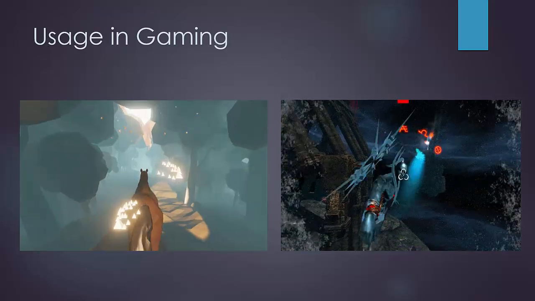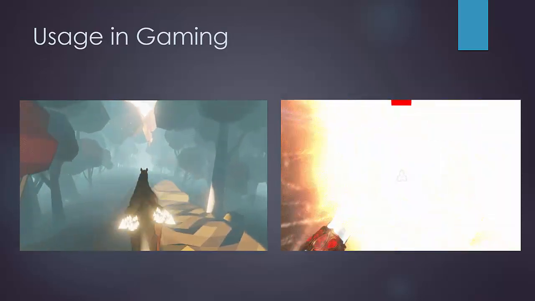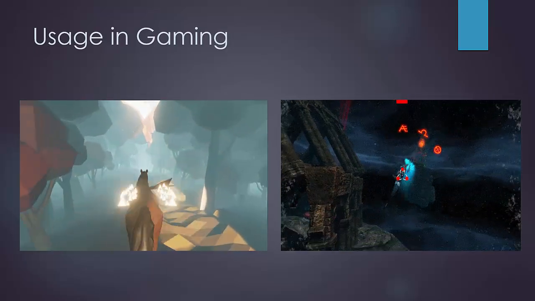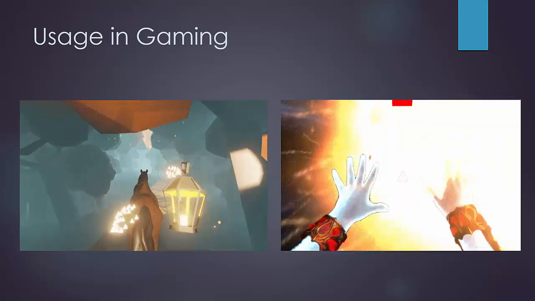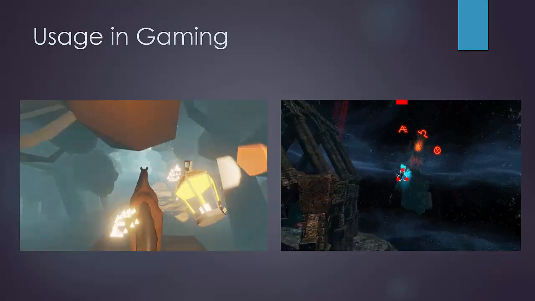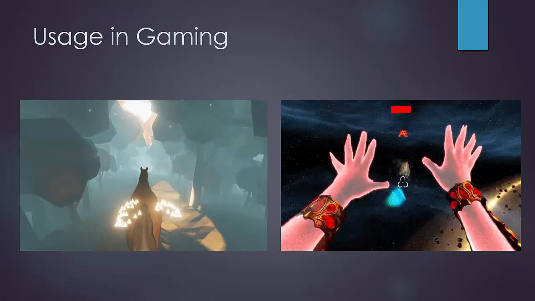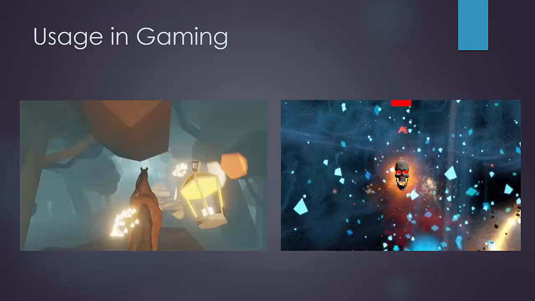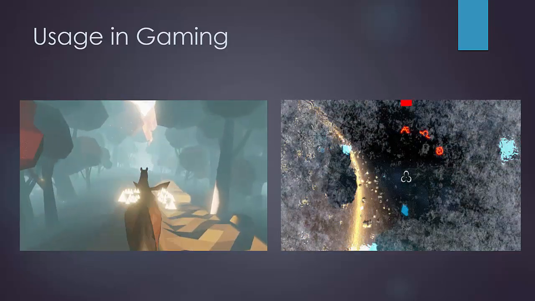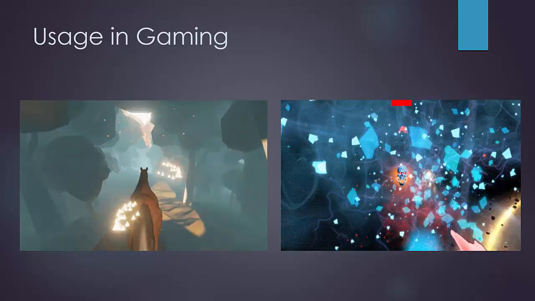These are some other examples where on the left-hand side we are controlling a lantern and a horse with our gesture control, and on the right-hand side we are casting a spell based on our gesture movements. So if we are using one hand only, then there would be a different spell than when we are using both our hands.